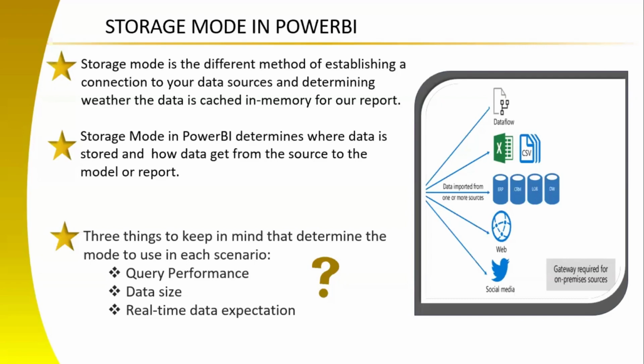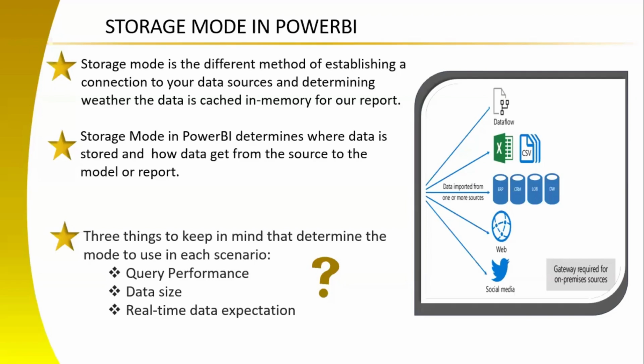When we talk about data size, we are referring to how large or how small the data size is. When we talk about real-time data expectation, we are saying how often do you want the updated data to reflect in your report?